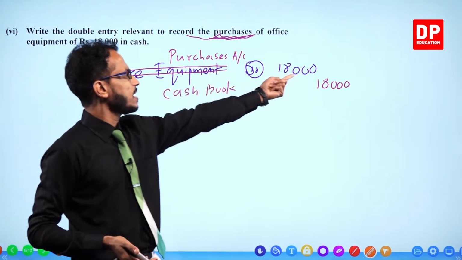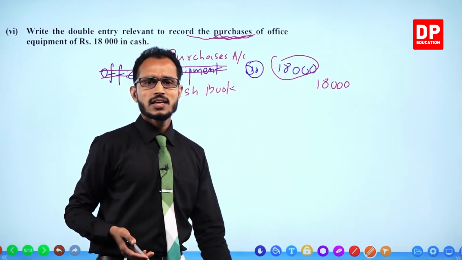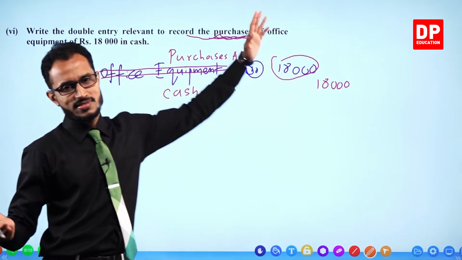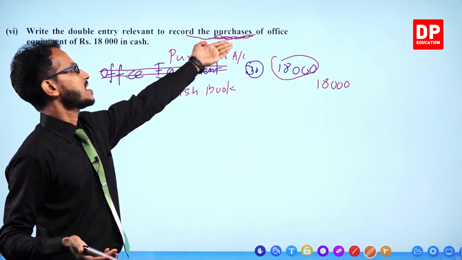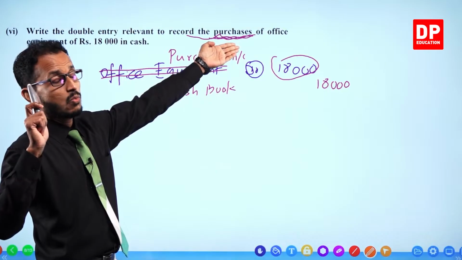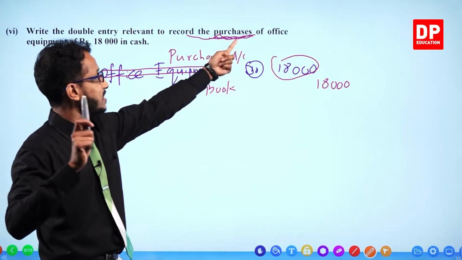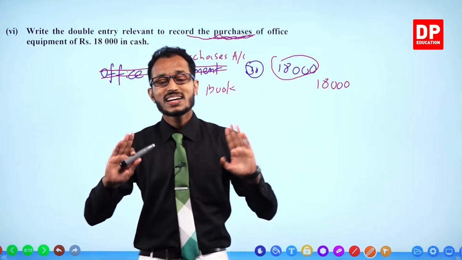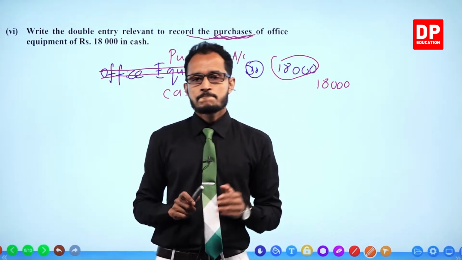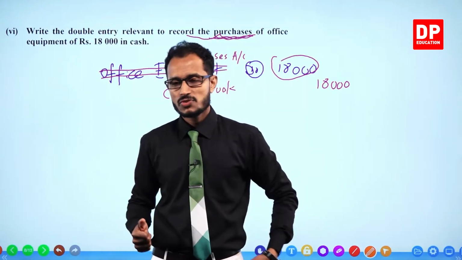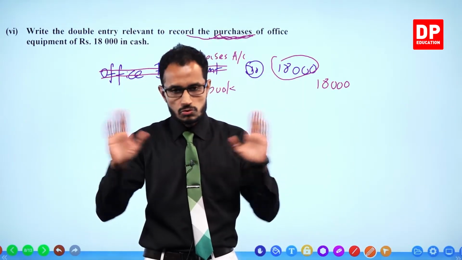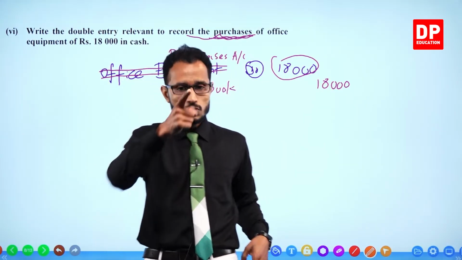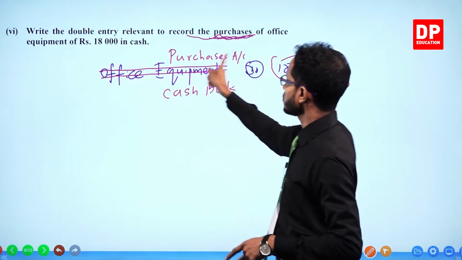The purchases account should not be debited here because what is purchased? Office equipment. This is not a purchasing of goods. Only if you purchase goods do you put it to the purchases account.